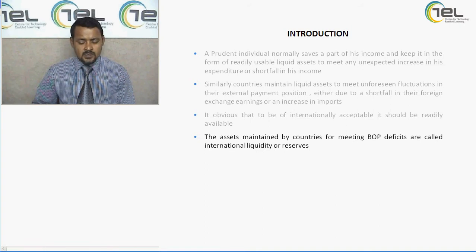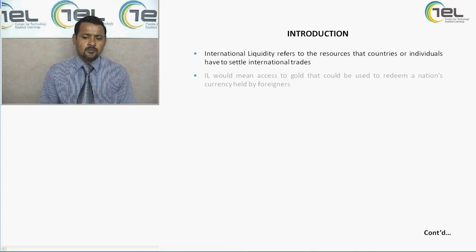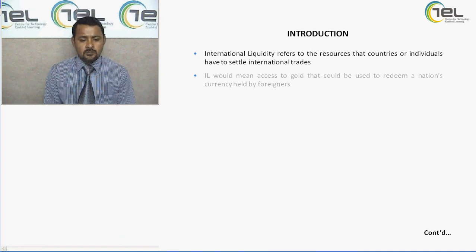International liquidity refers to the resources that countries and individuals have to settle international trade. International liquidity would mean access to gold that could be used to redeem a nation's currency held by foreigners. So gold can be used for accessibility to international liquidity in international trade.